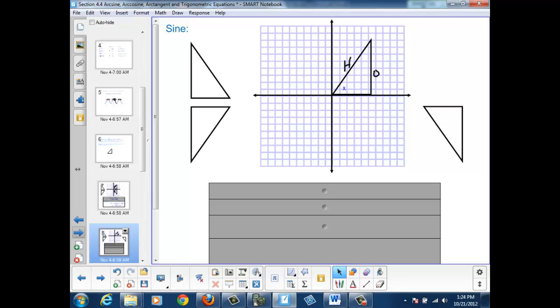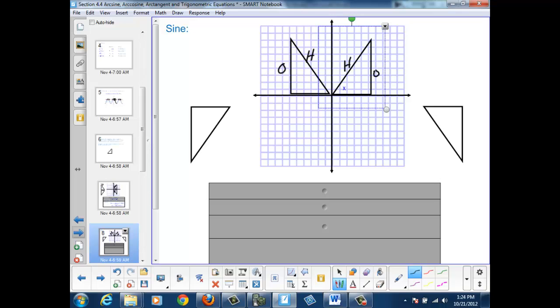Well, since the opposite is a positive value, I need to be in the second quadrant to produce the same opposite over hypotenuse ratio. So first and second quadrant angles have to be used for the arc sine.